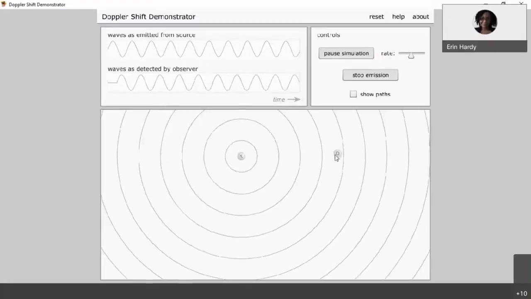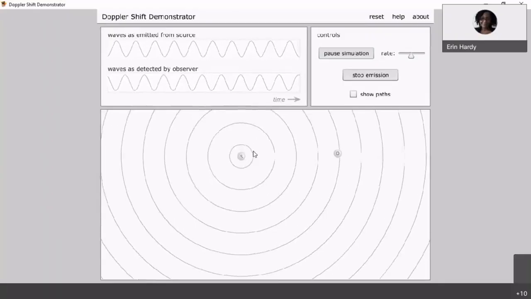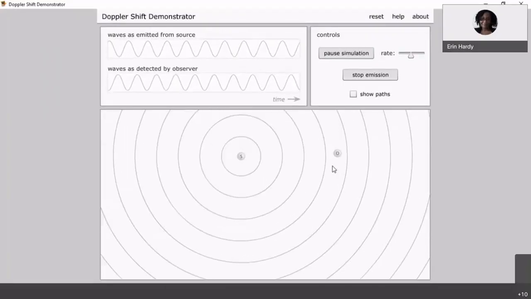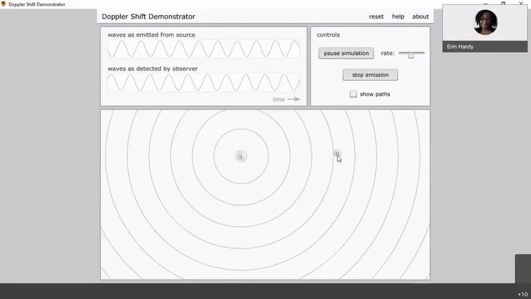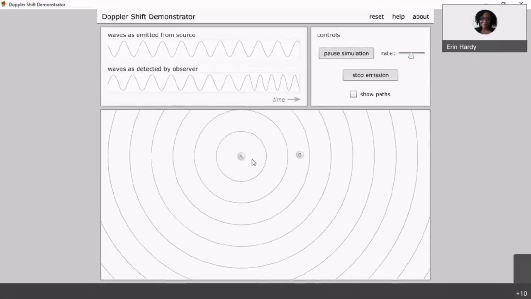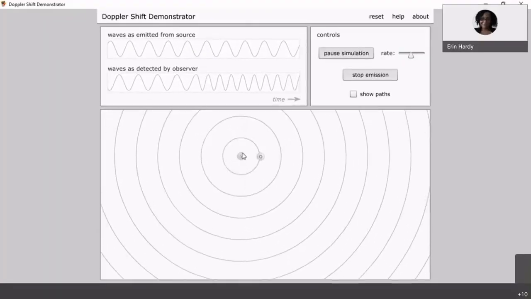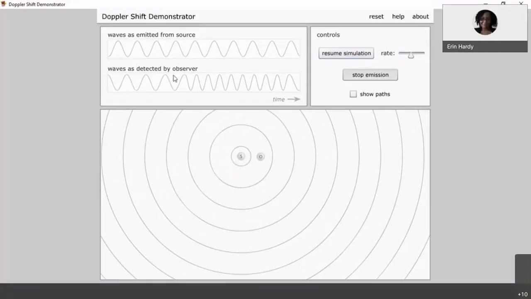So if the source is stationary and the observer is stationary, they both agree on the wavelength and the frequency of the source. But if we start moving the observer toward the source, look at what happens in the waves detected by observer section. So I'll pause this here. The wavelengths have gone from large to small.